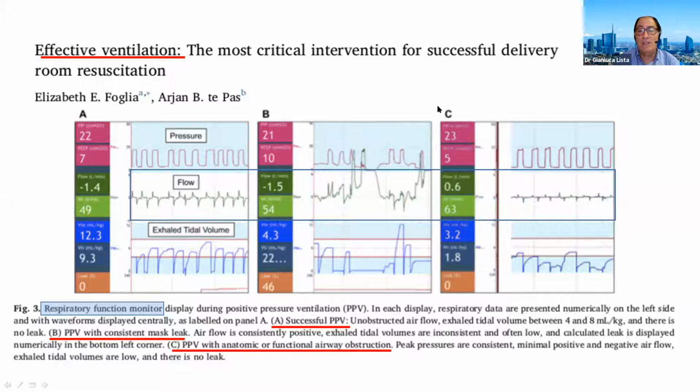Situations B and C are not good because, for example, in situation B, there is a very high mask leak. In fact, the same peak pressure is unable to generate a normal tidal volume. And finally, in situation C, the peak pressure was unable to generate a good tidal volume because there is a very high airway obstruction. As you can see, the flow is very, very low, both during inspiration and in expiration.